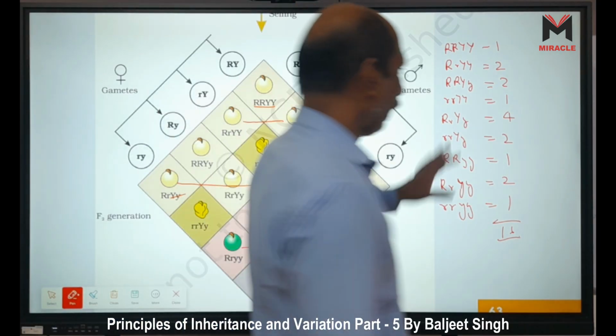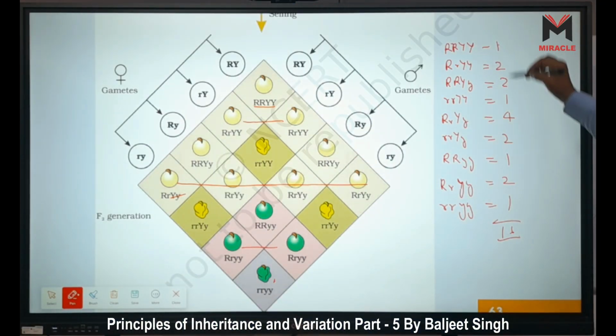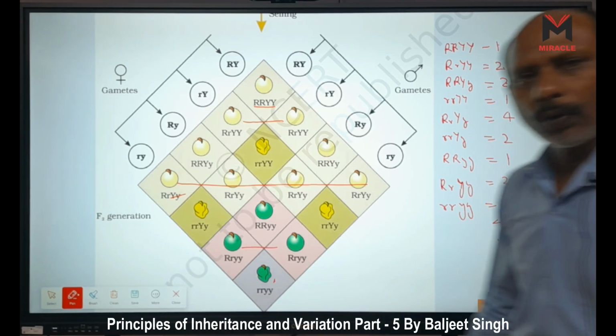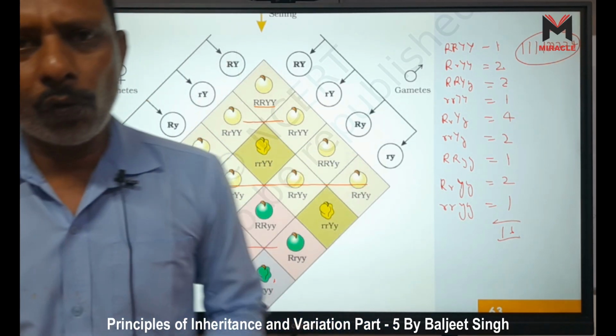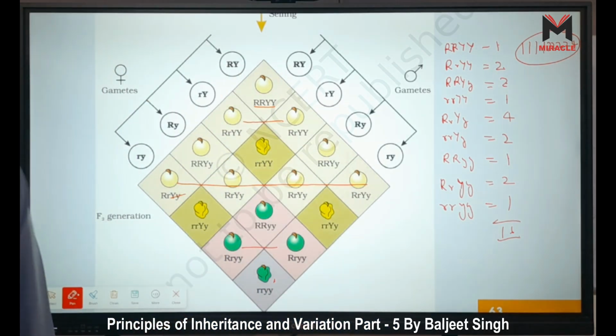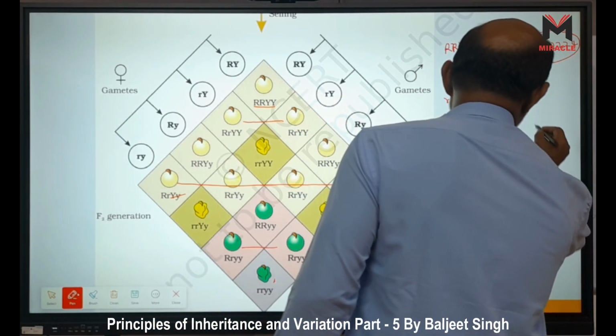So you can understand how many times 1 is there: 1, 2, 3, 4. 4 times 1, 4 times 2, and 4. This is the ratio: 1, 1, 1, 1, 2, 2, 2, 2, and 4. 4 times 1, 4 times 2, and 4. That is the genotype ratio.